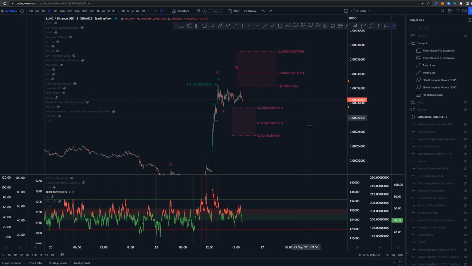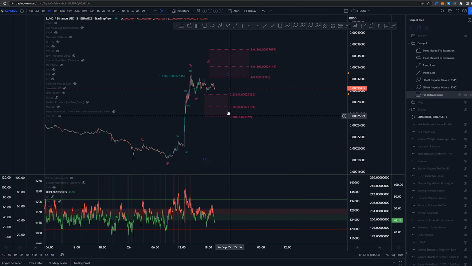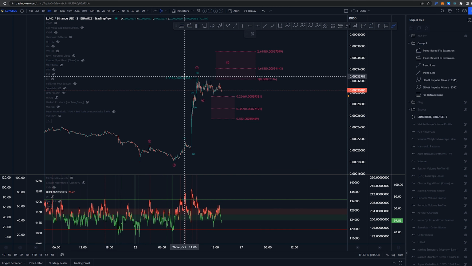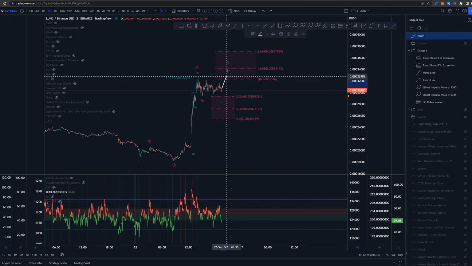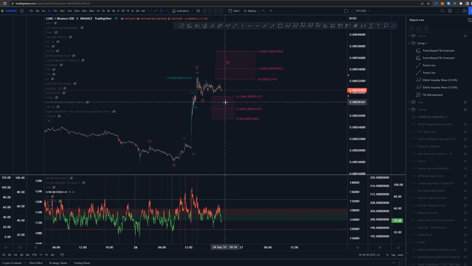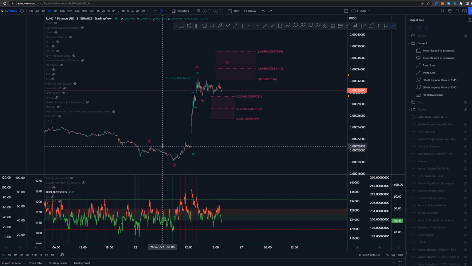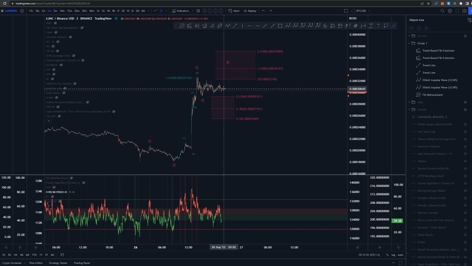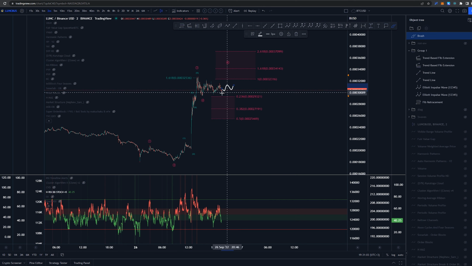But yeah, that would be the idea. Once we are going to be breaking these, I'm expecting a break. I don't expect any kind of truncation here, but most likely this is just going to be taking a bit of time, as we had with this wave 2. So it is possible that this is going to be doing this overnight, or even consolidating a bit longer.